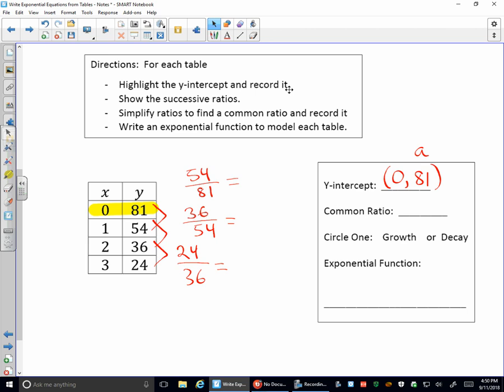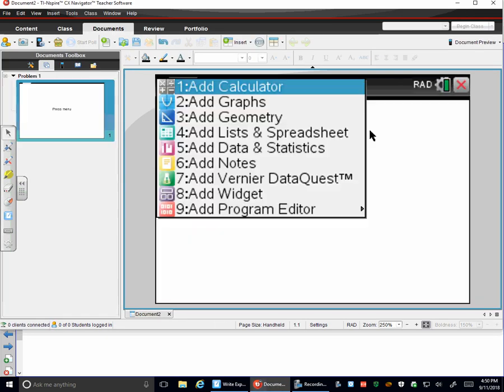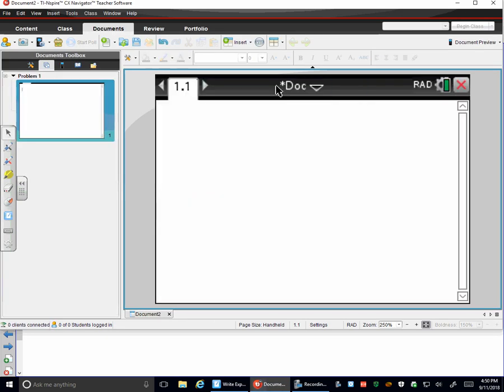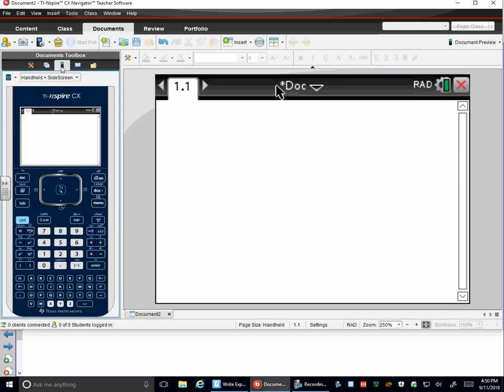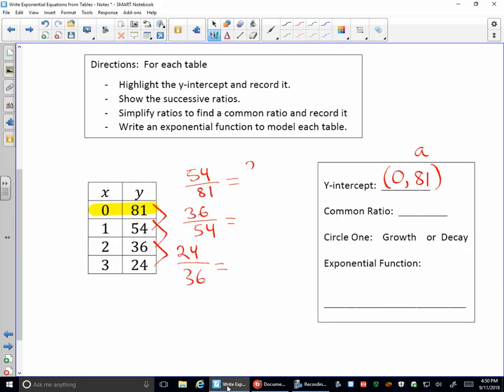So 54 divided by 81, let's go make a calculator page. All right, so 54 divided by 81. Okay, so we get 2/3, so we can go back and record that. 36 divided by 54.